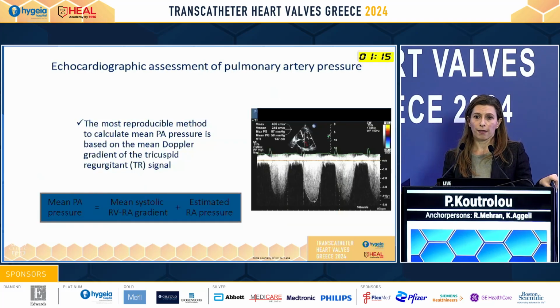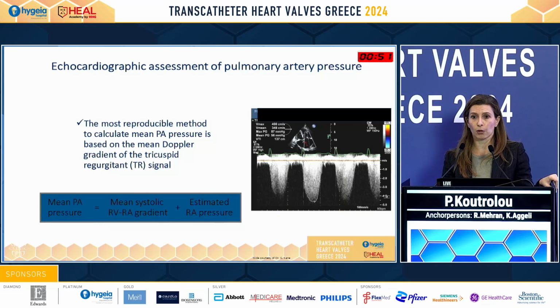So when you have the measurement of the right atrial pressure via the IVC, then you go ahead and you want to do a small cardiac catheterization via echocardiography. How do you do that? You have the TR velocity envelope, and you can calculate all the red blood cells that regurgitate through the tricuspid valve. And how do you measure all those red blood cells?